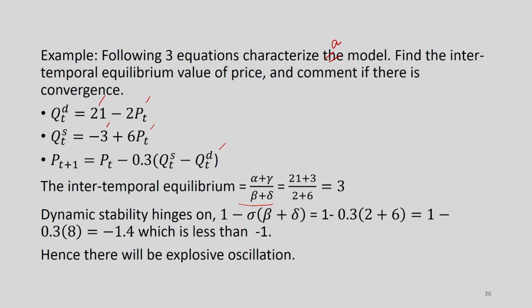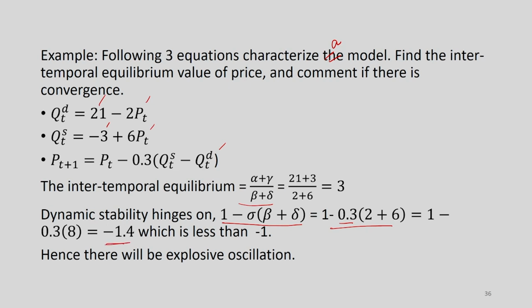Now, then we have to answer the second question: comment if there is convergence. We know that convergence depends on this particular expression, 1 minus sigma multiplied by beta plus delta, and again I put the values here. Sigma is 0.3, so I put that value here, and I know the rest of the values, and I get minus 1.4.